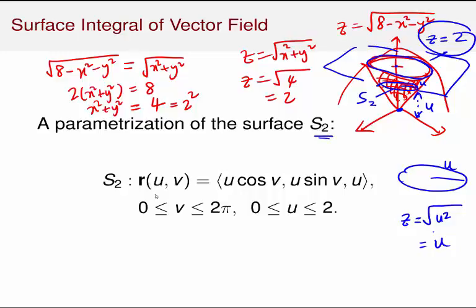So the vector function r will trace out the surface S2, provided v varies from 0 to 2 pi, since we are taking the full circle around the z-axis, and the variable u must be bounded between 0 and 2. Since u, representing the variable z, must be bounded between the xy plane and the plane z equals 2.